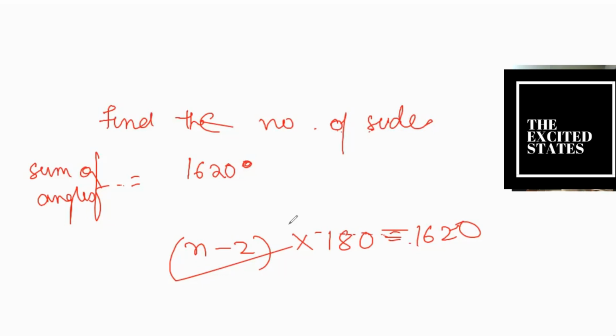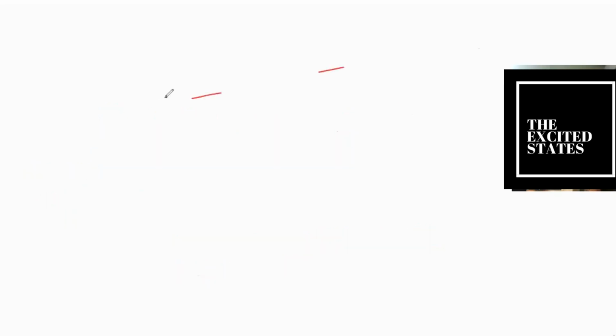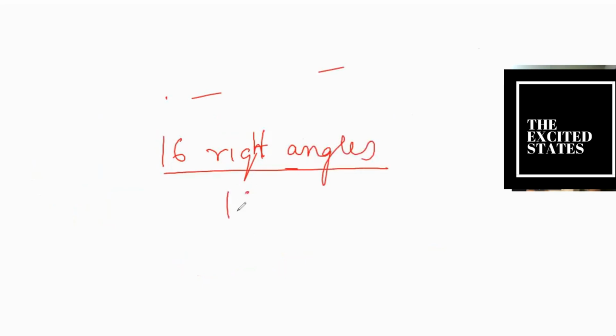Now find the number of sides if the sum of interior angles is 16 right angles. What is a right angle? That means 16 into 90.